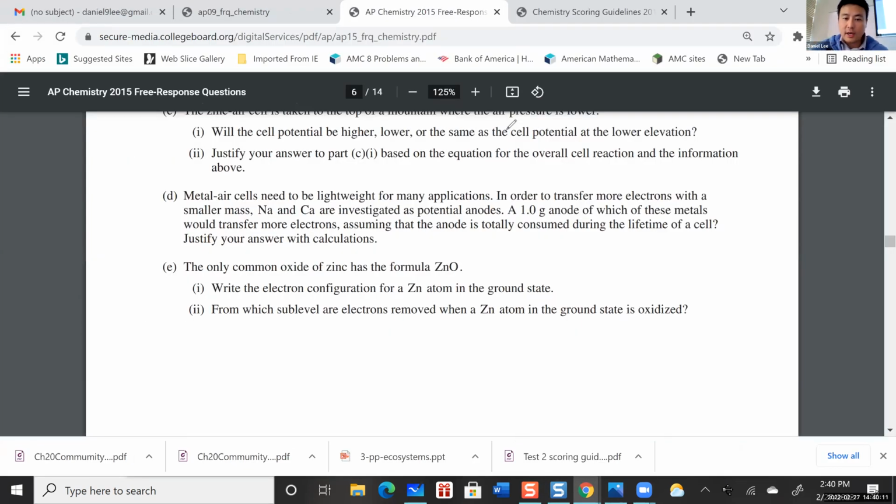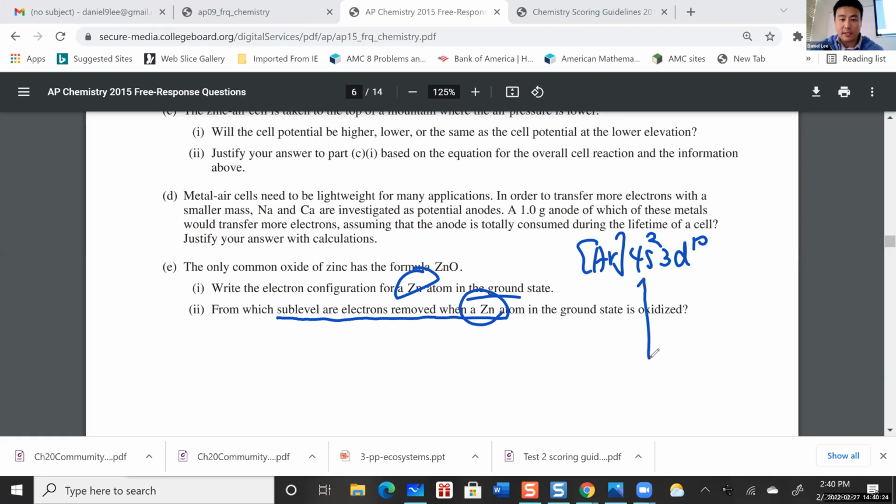So what is the electron configuration for zinc? We already did it in the ground state. So that would be argon, 4s2, 3d10. And which sublevels are electrons removed from when it's oxidized? Well, the valence electrons. So which sublevel? A lot of people write down 4. That is wrong. 4 is the energy level. That's not the sublevel. Sublevel is S, P, D, F. So don't put 4.